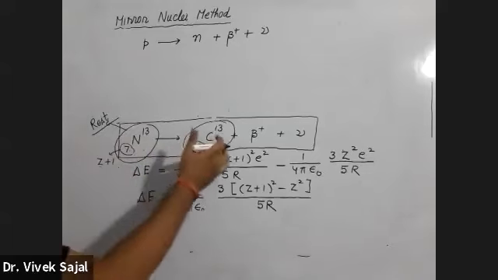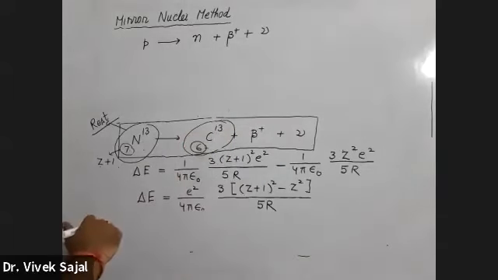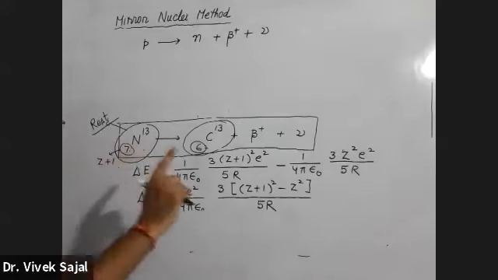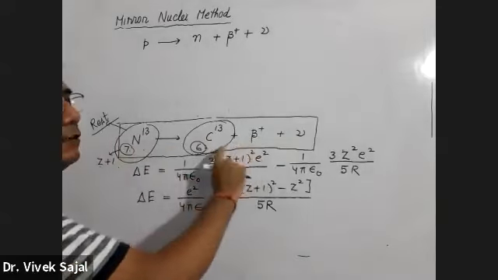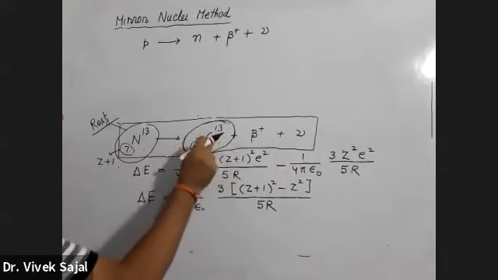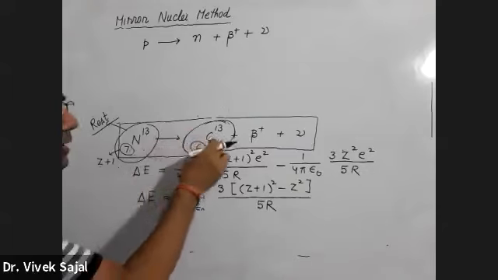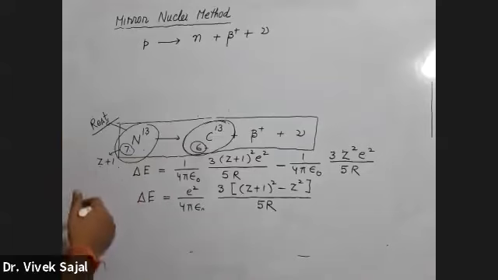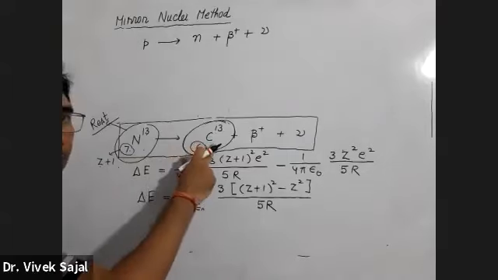This energy released will be in the form of kinetic energy of these particles, as well as it will create some mass. Whatever energy is released due to the change in binding energy, that extra energy will be utilized for two purposes. One, in creating mass, and second, the rest of the energy will be in the form of kinetic energy. But because the mass of this nucleus is very large, it will automatically carry a negligible amount of kinetic energy.